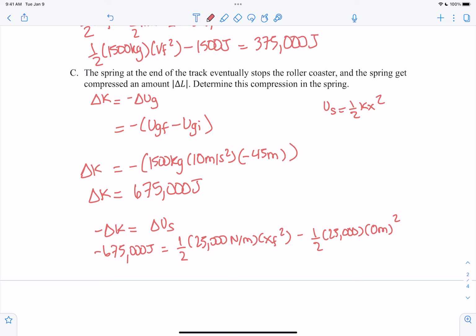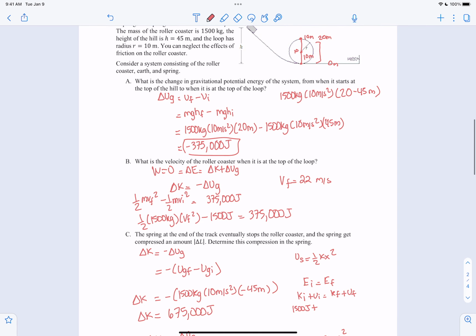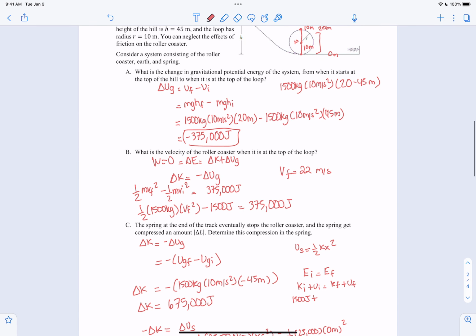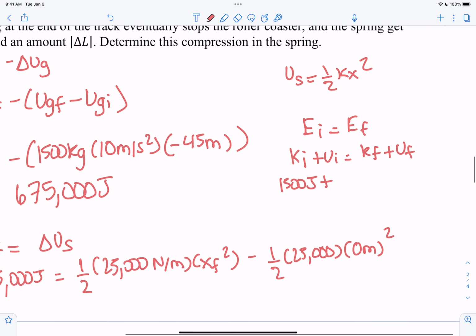Okay, if I just go back to the original idea, initial should be equal to final. So K initial plus U initial is equal to K final plus U final, right? Then my K initial is 1500 joules. My U initial was 1500 times 10 times 45, okay.